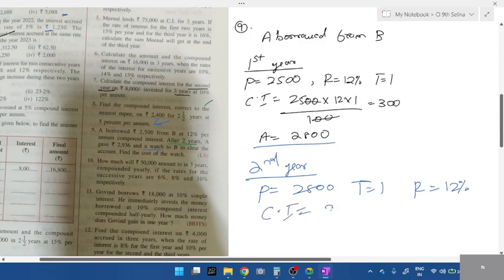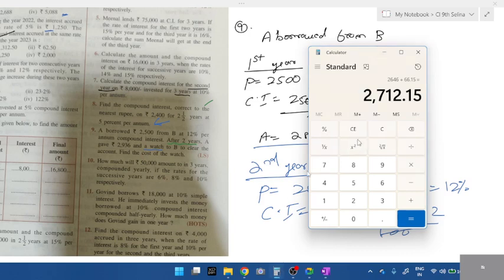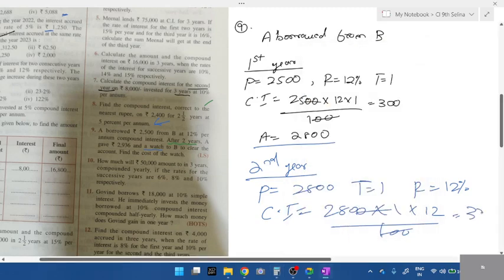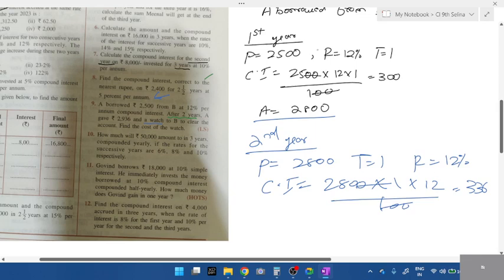Yeah. Compound interest is 2800 into 1 into 12 divided by 100. 28 into 12. 336. So what's the final amount?